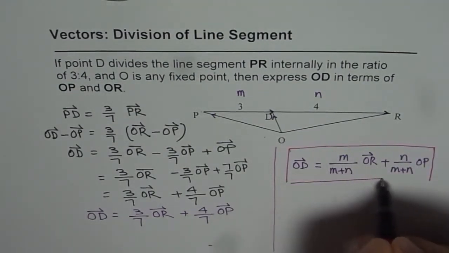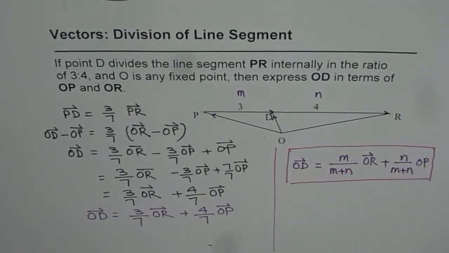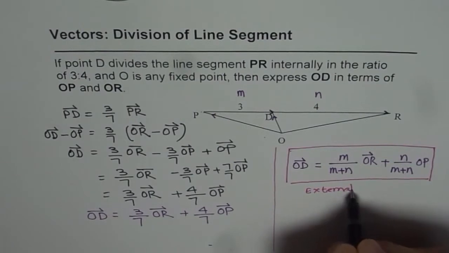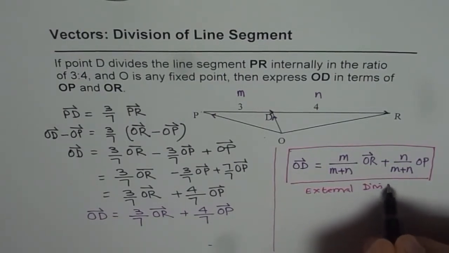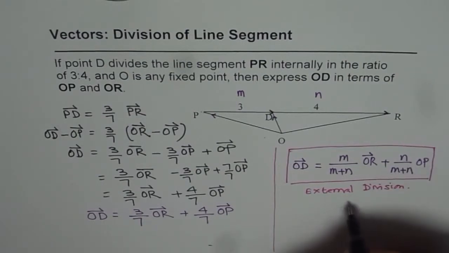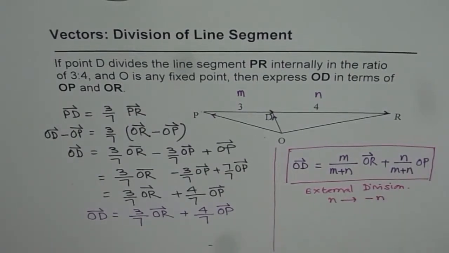So that is a general formula which you can apply for internal division. Let me also make a note here for external division. What we should do is replace n with minus n. Well, we'll talk about external division later.